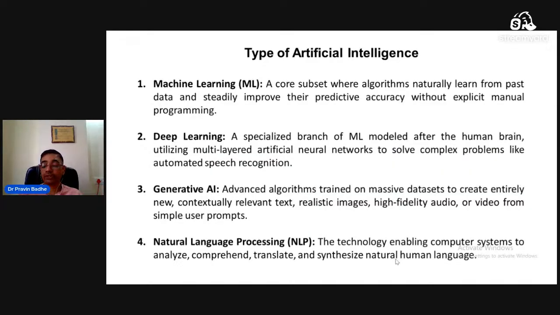But there is the machine learning area, which is a core subset, where the algorithm is learning from the information, learning from the data, and its programming improves from the data which has been given earlier.